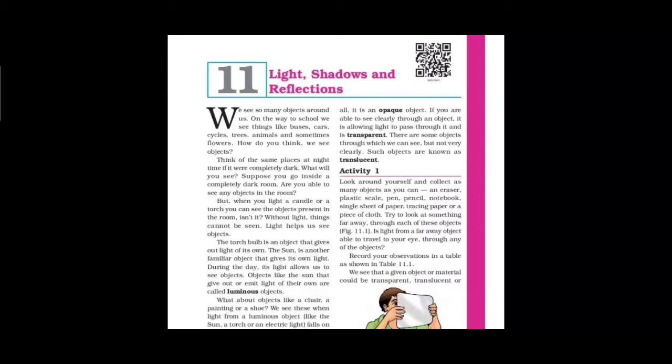If there is an object, we know that there is an object, but it is not clear. For example, window glass. Some window glass is not transparent, right? It is translucent. We only see that one object is there, but we cannot guess what object, because it is not clear.